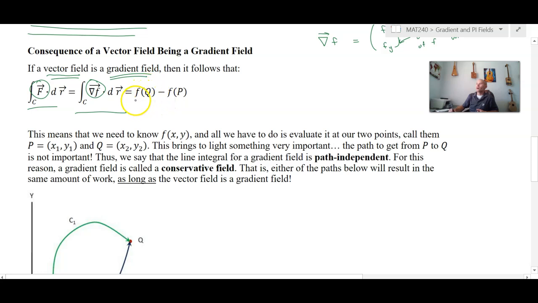All we need to do is figure out what f is, evaluated at the point q and at the point p, and then take the difference between those.